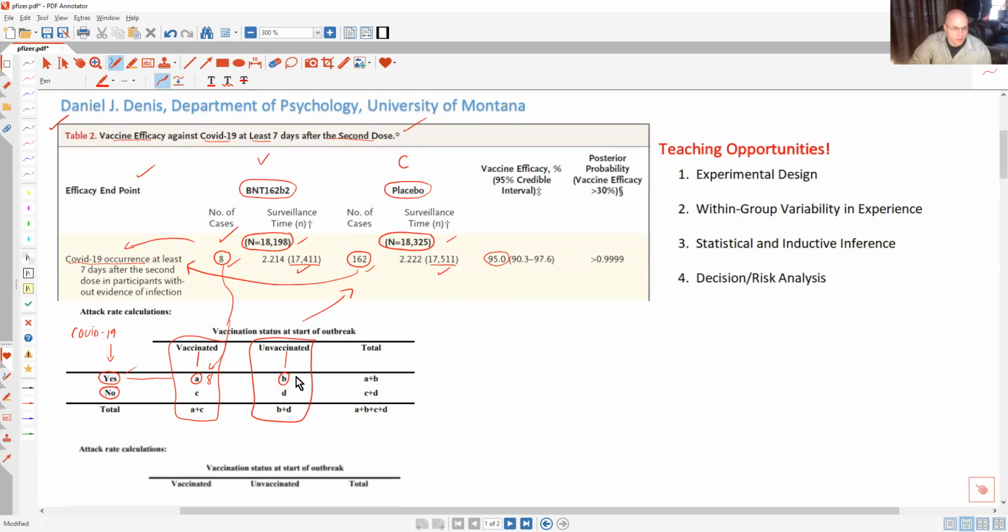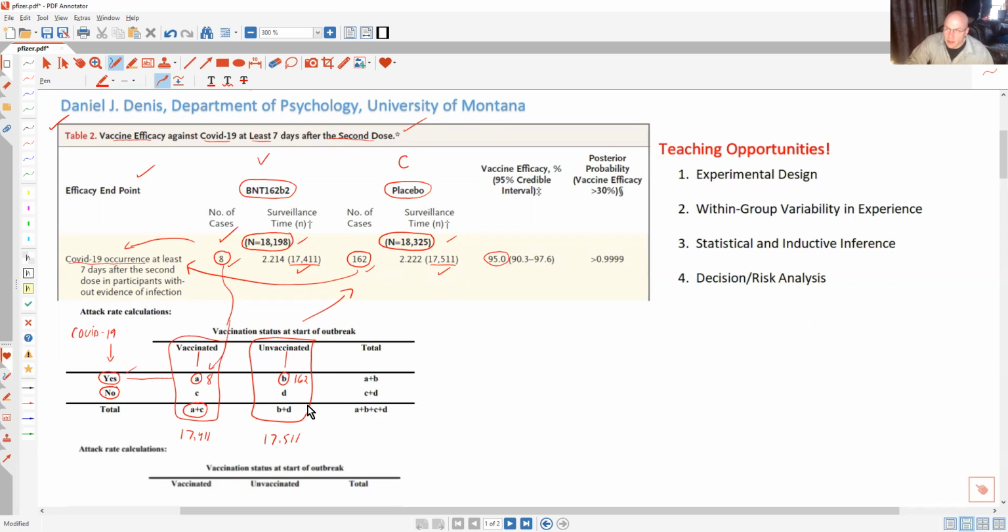So that number is 162. From there, we can report these numbers as well because A plus C has to be the sum of these two cells, and that's going to be the 17,411 right here. And the unvaccinated will be the 17,511 for the B plus D.